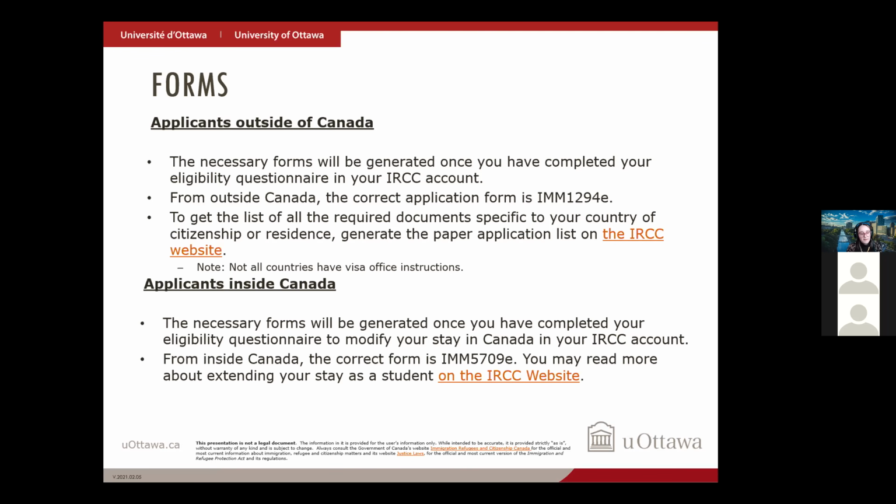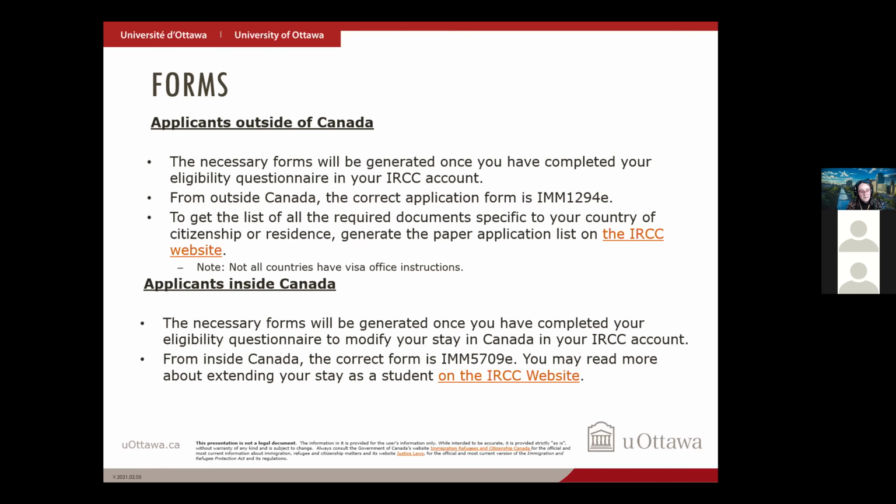Now, and this is only for applicants outside Canada. When you are applying online, your document checklist will not include all of the required documents specific to your country of citizenship or residence. The reason for this is because certain visa offices add their own specific requirements based on a number of reasons.